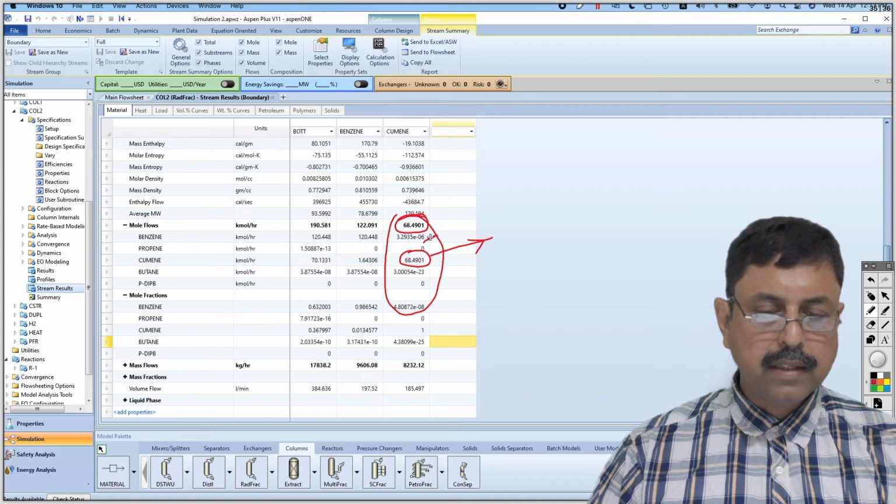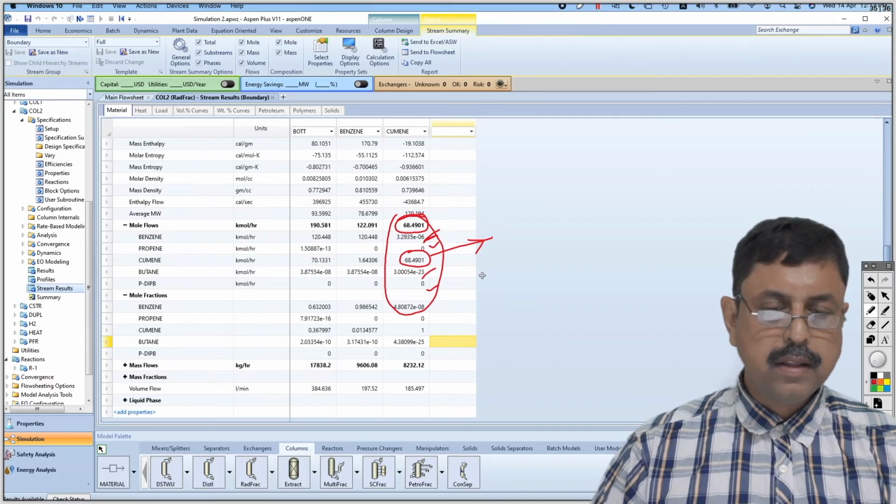Okay, other things are very small amount. Benzene almost nil, butane almost nil, propene and PDIPB, anyway, they are not here in the Cumene line.